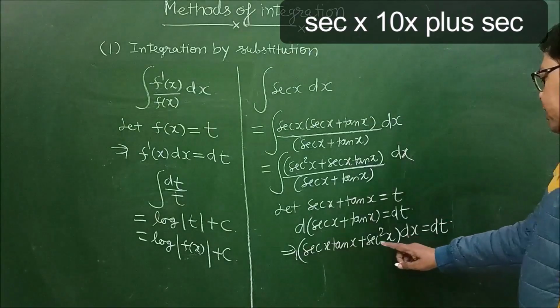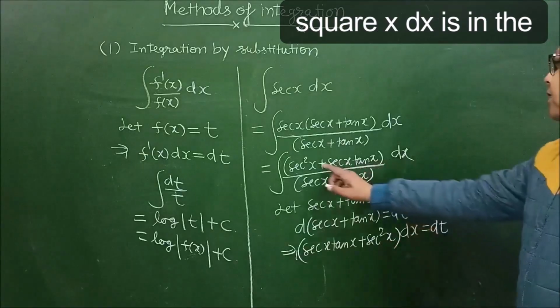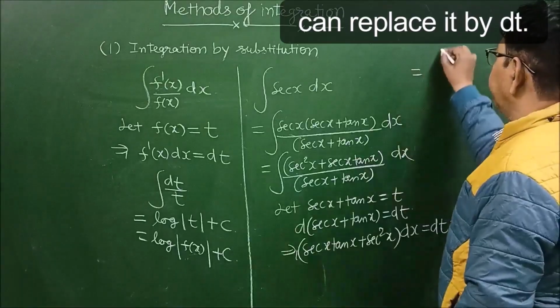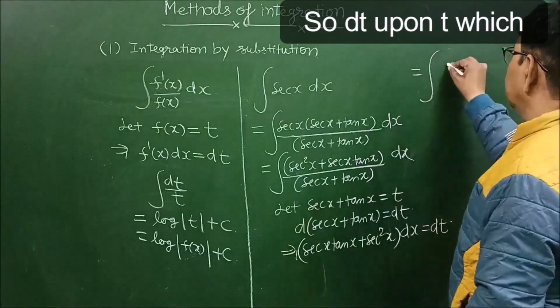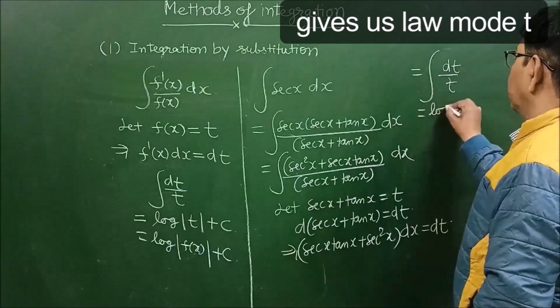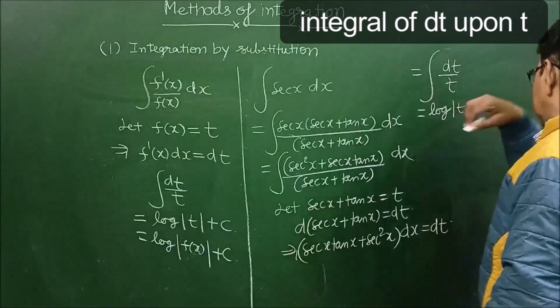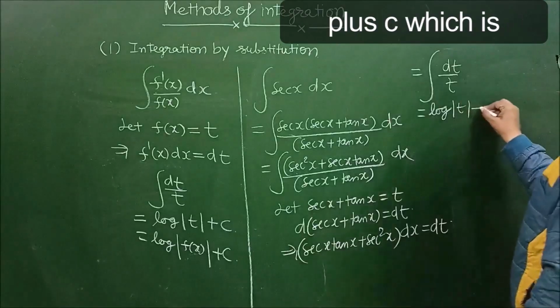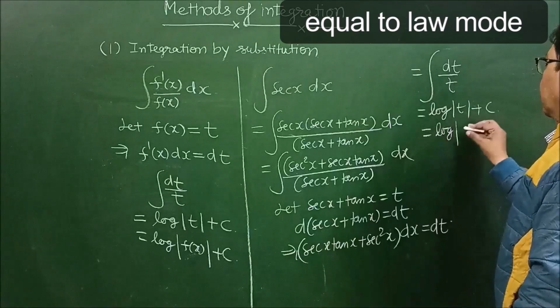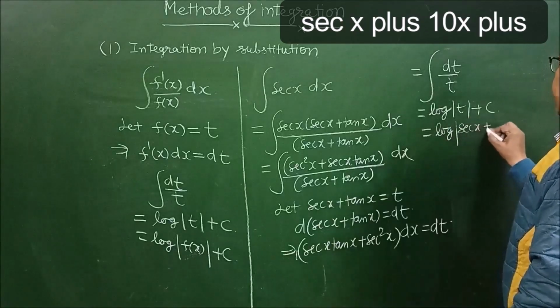This sec x tan x plus sec square x dx is available in the numerator, so we can replace it by dt. So dt upon t, integral of dt upon t gives us log mod t plus c, which is equal to log mod sec x plus tan x plus c.